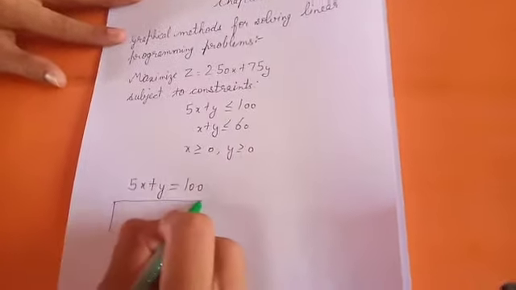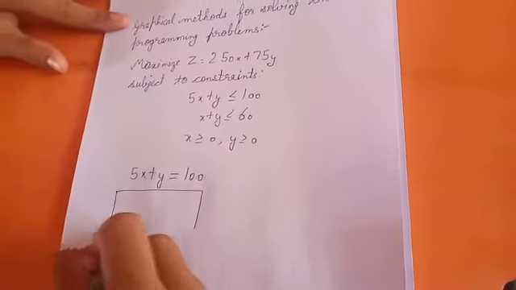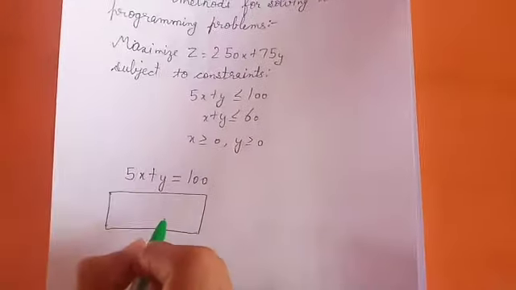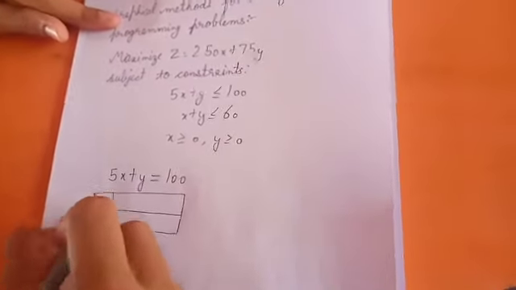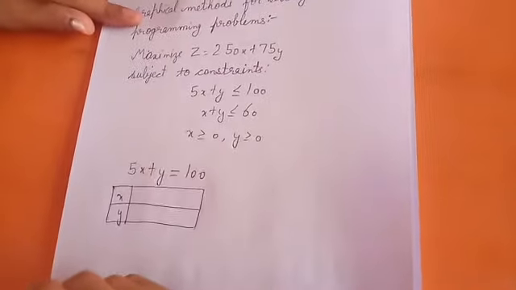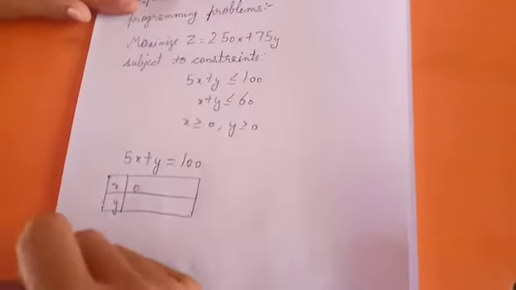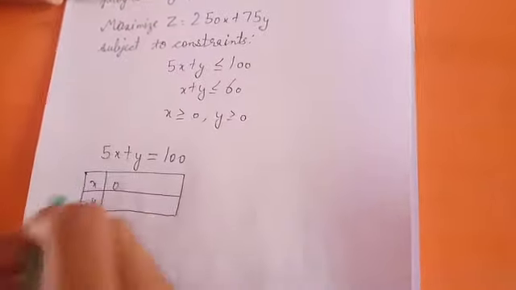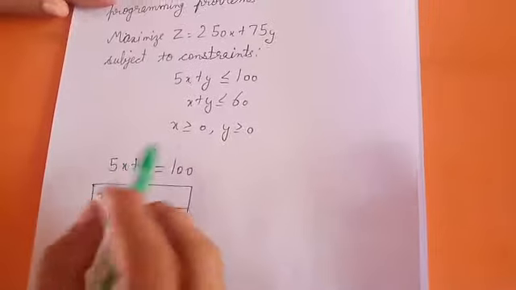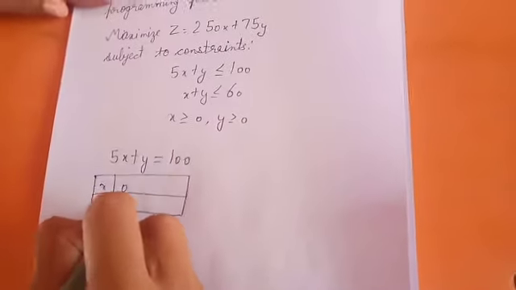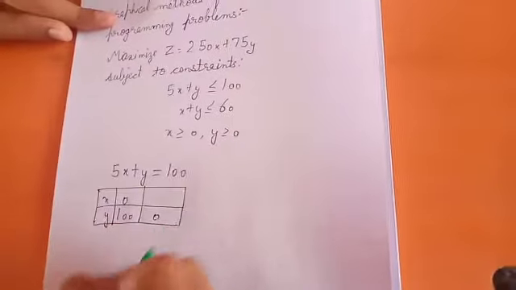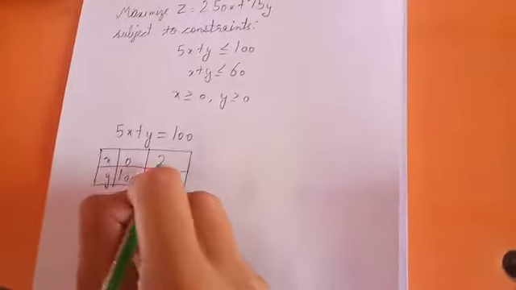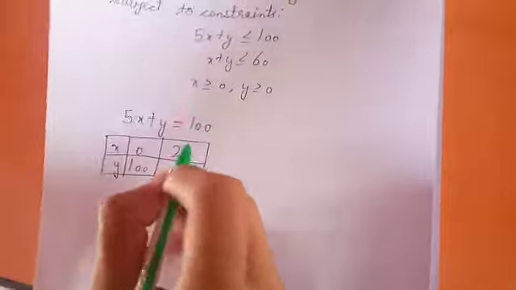So x and y. First of all, keep the value of x as 0, and then y. What will be the value of y if x is 0? It will be 100. Similarly, if we put the value of y as 0, what will be the value of x? X value will be 20.